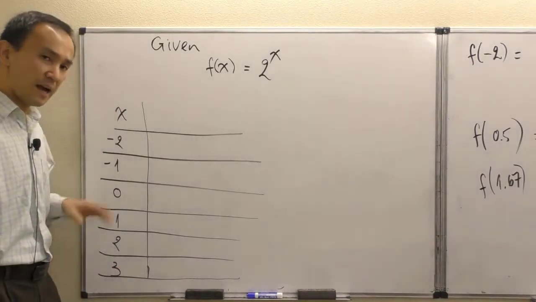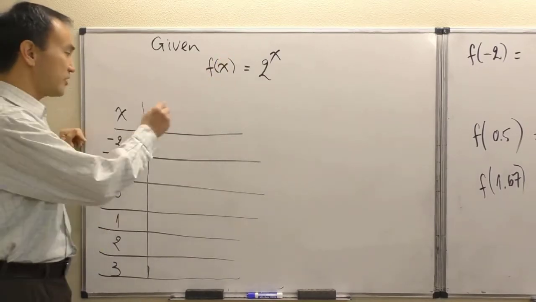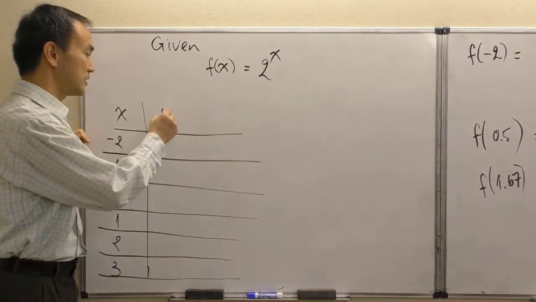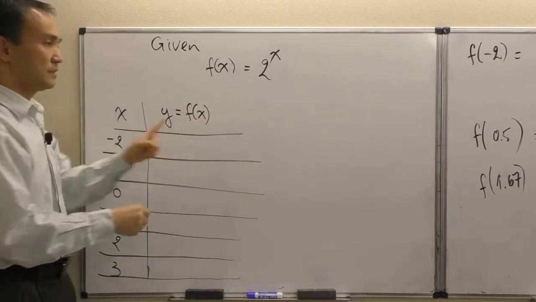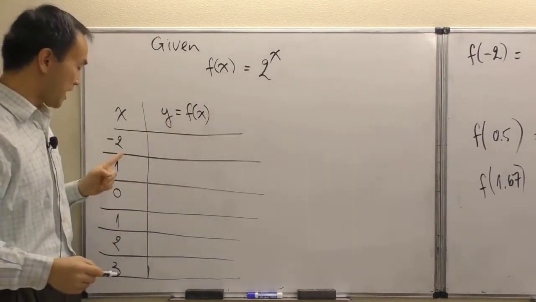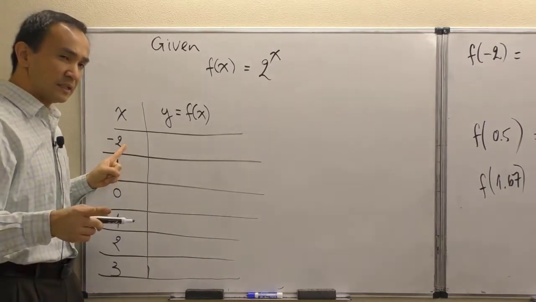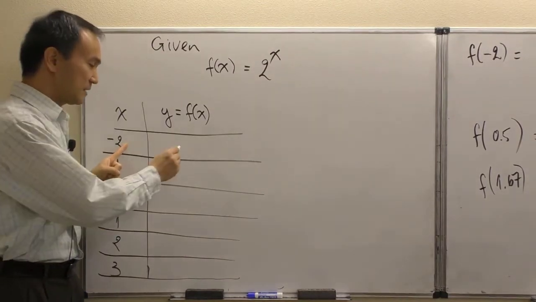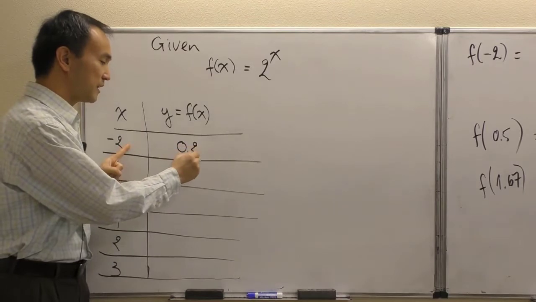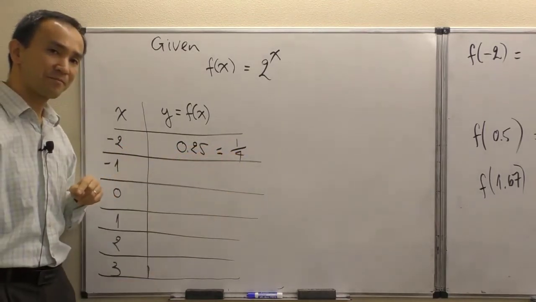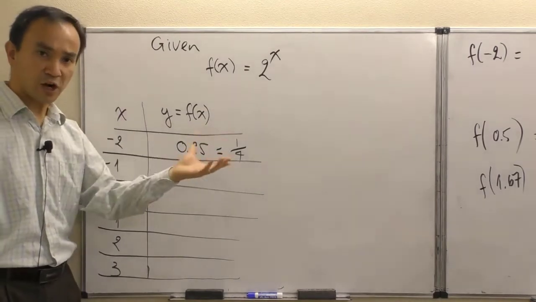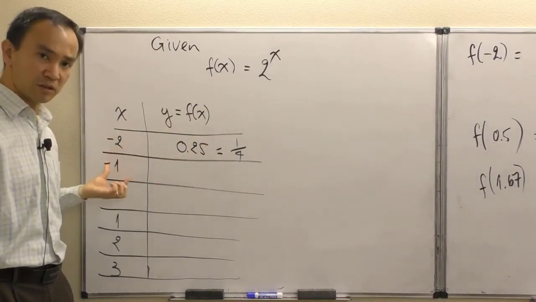All right, so in our calculation based on the rule, now let's just summarize it. This is now the y value, or just whatever the outputs are for this function. When x was equal to -2, we had 0.25, or numerically speaking, 1/4. I even showed the calculator technique with these.